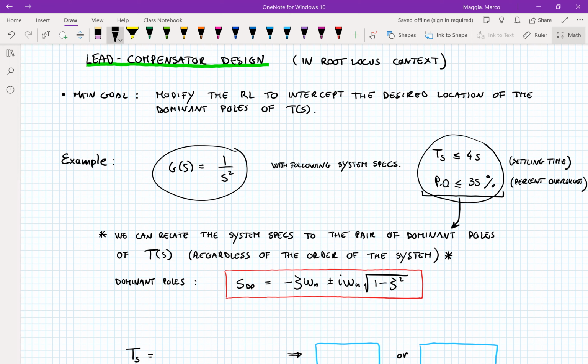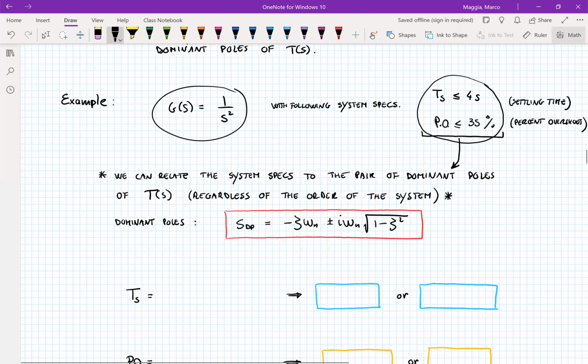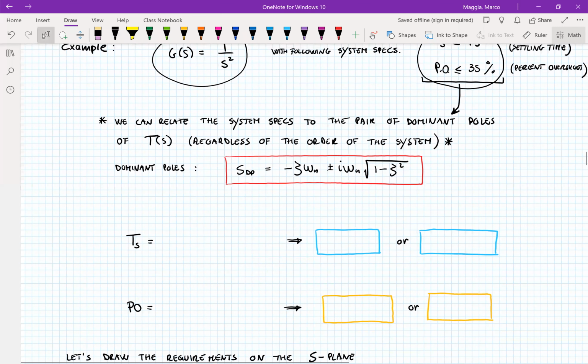So as soon as we have even a little bit of percent overshoot, we are allowed to have complex conjugate poles. And I would always aim for those. All right, so let's now translate the requirements in terms of the damping ratio and the natural frequency associated with this pair of dominant poles.